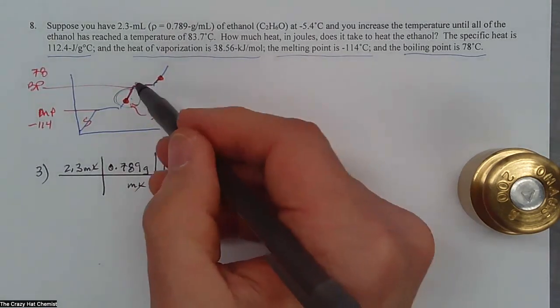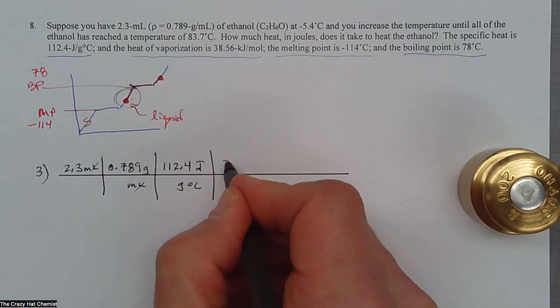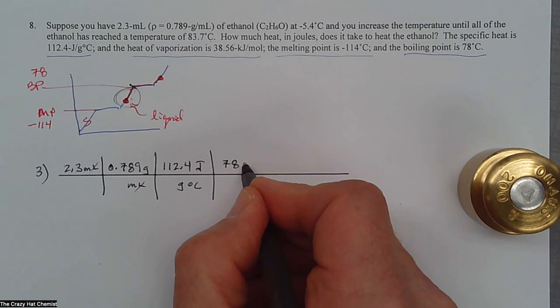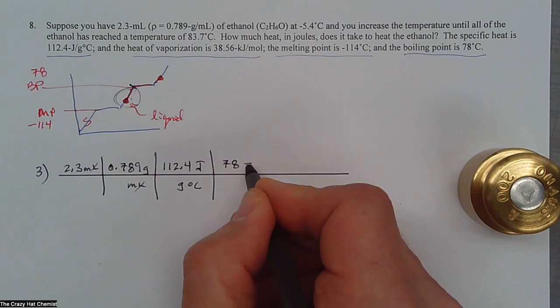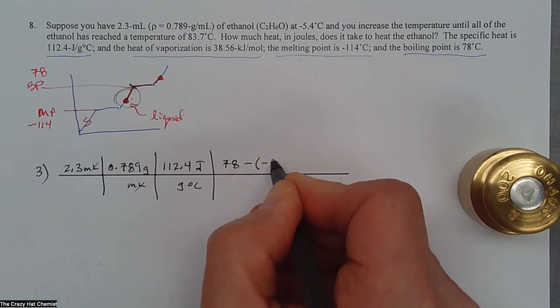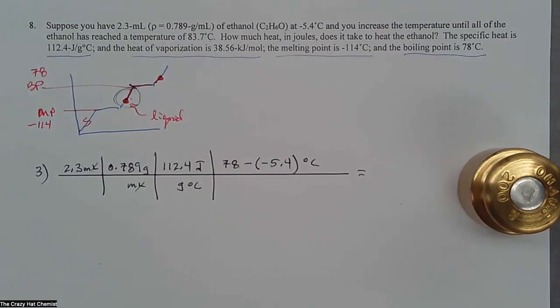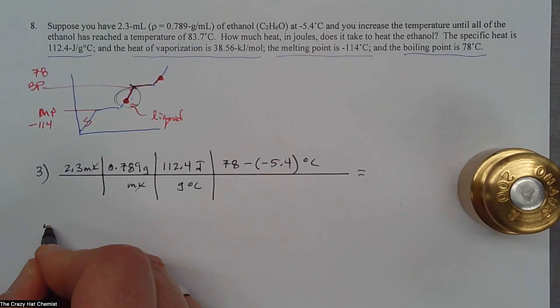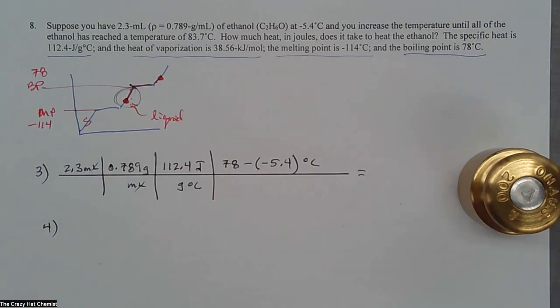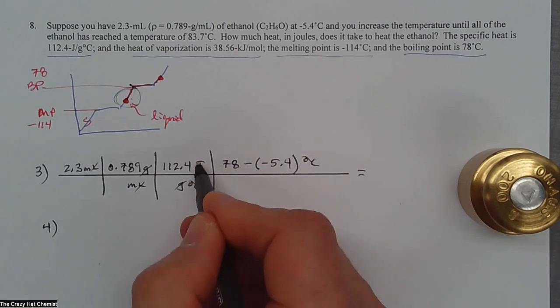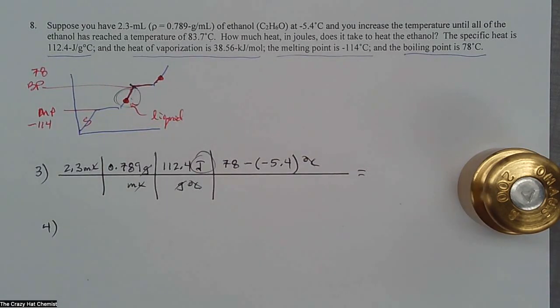And then 78 is our final temperature, and our initial temperature is minus negative 5.4 degrees Celsius. This is going to be a value. You should see that the grams cancel, the degrees Celsius cancels, and I'm left with joules right there.